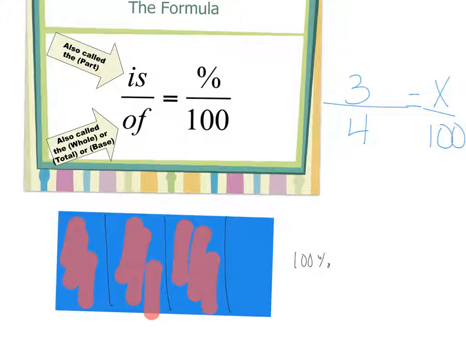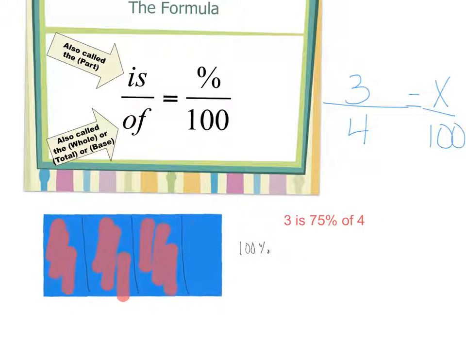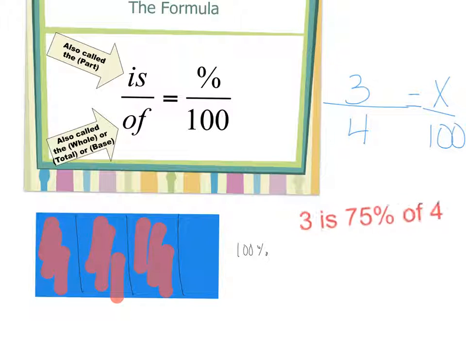3 out of 4, if I wanted to write it down so that you could see visually what it says, we could say something like 3 is 75% of 4. Notice that if I was to write it in that proportion, the is the 3, because 3 is.